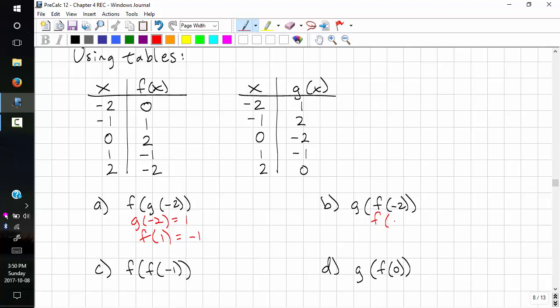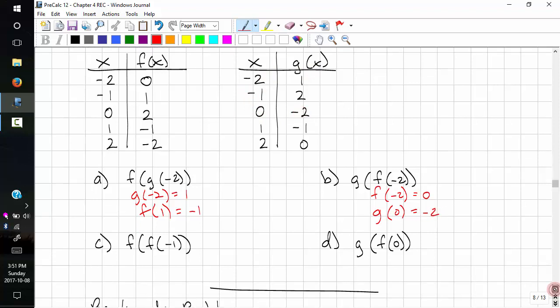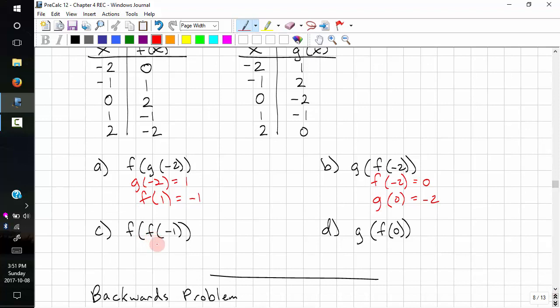Next, we do the inside first, f of negative 2. f is here, negative 2 is here, our output is 0. Now we do g of 0. We use this table, we go down to 0, and we see that the value is negative 2. Now f of negative 1.